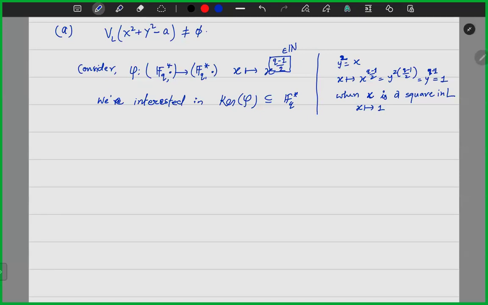Is this exactly the kernel, or are there some elements outside the kernel? The kernel of phi contains all elements which are squares.